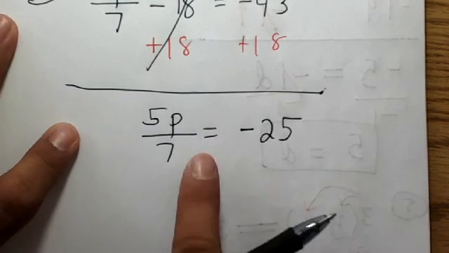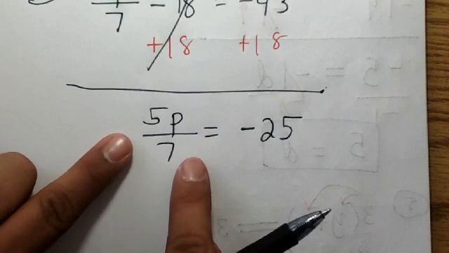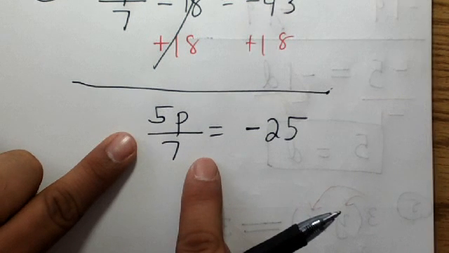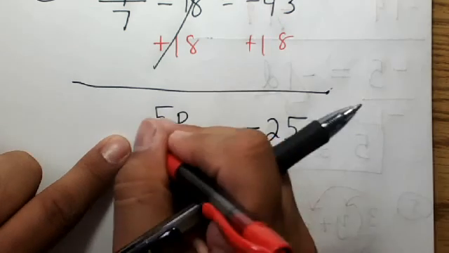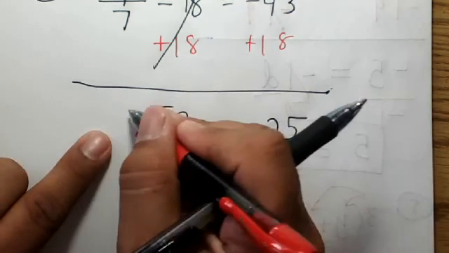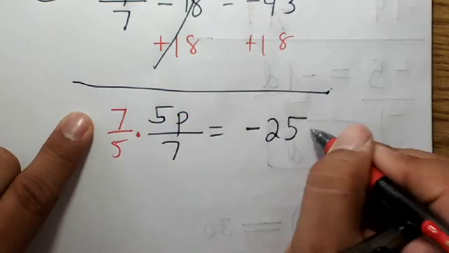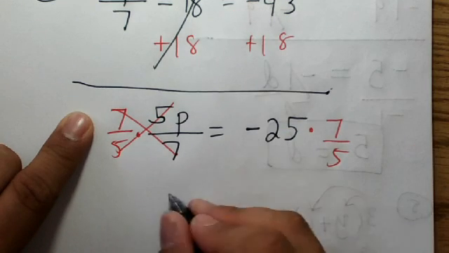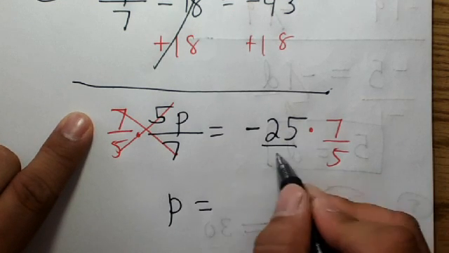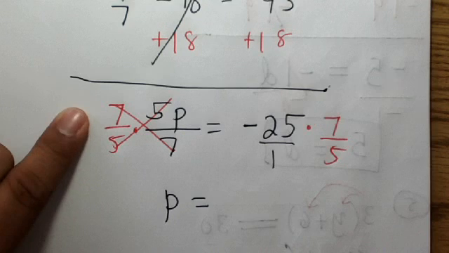Okay? Now, here comes the crucial step. How do we solve for p here in this case? Sky, what do we do? Multiply? Great. So we have p equals, and then what do we do here, Montserrat?